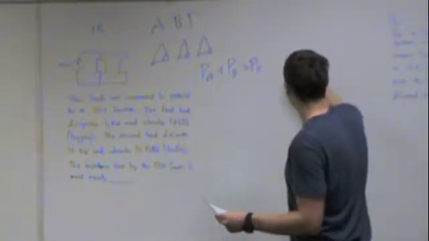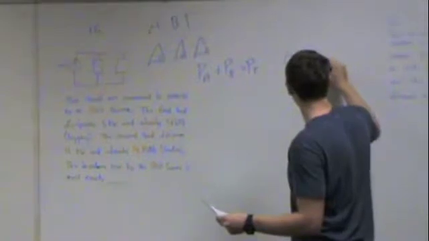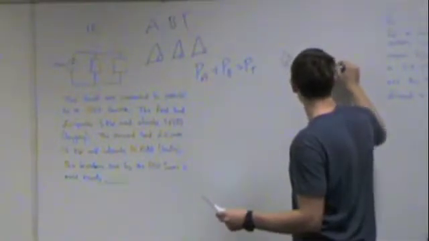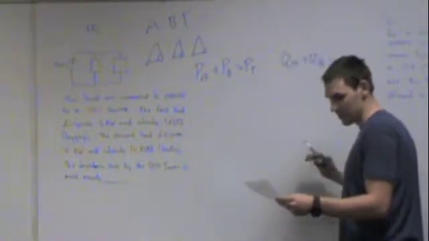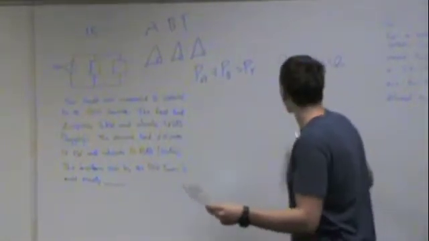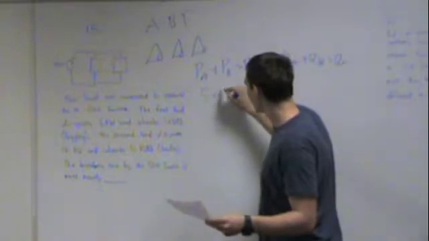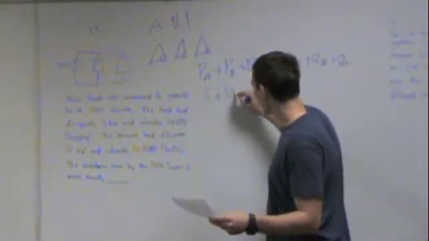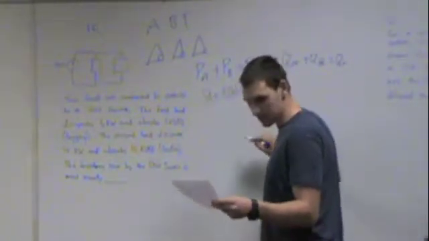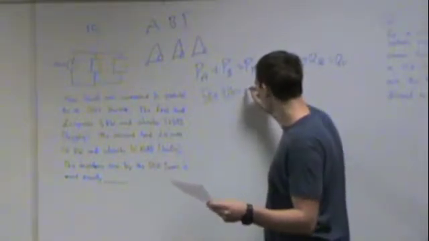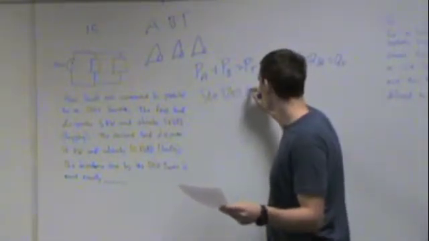and QA plus QB equals QT. So we have 5 plus 10, and these are both kilo, equals 15.